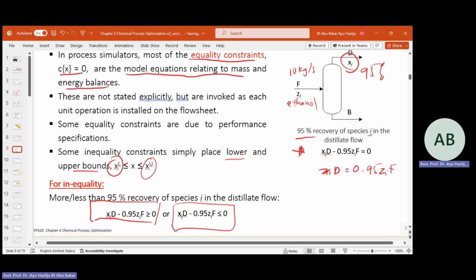This one will not be given. You should know how to generate that equation from the aim, that 95% of the distillate is species I, the ethanol, with the constraint, more or less. Now later we go one by one on the example.